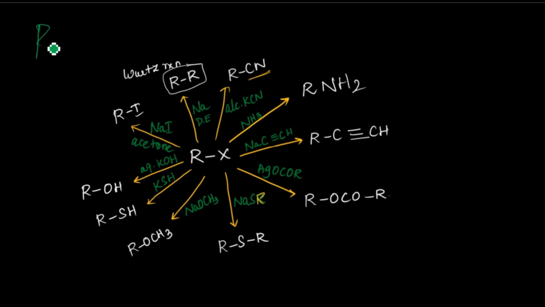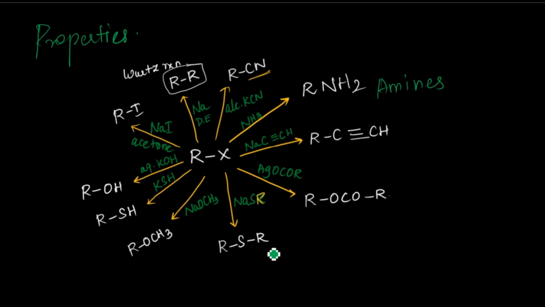Then the properties of alkyl halides. Here you can see the Wurtz reaction. We already saw that in the hydrocarbons chapter. That is important. And with alcoholic KCN, substitution happens. And ammonia forms amines. With sodium acetylide, it gives RC triple bond CH.